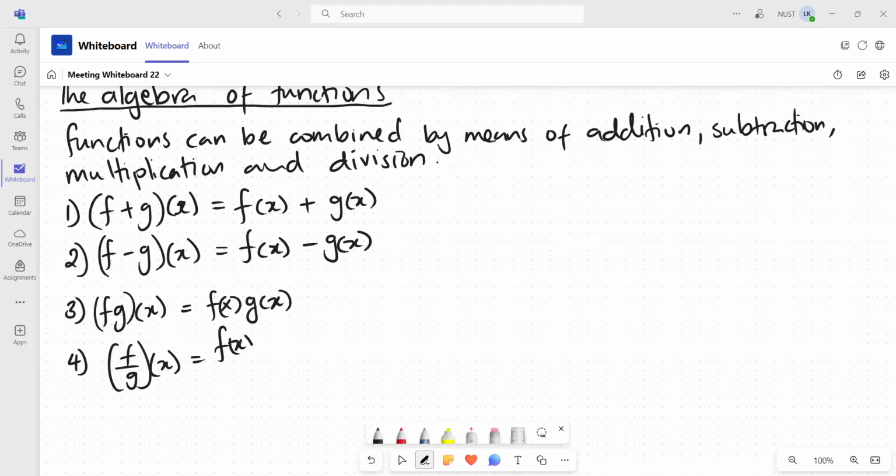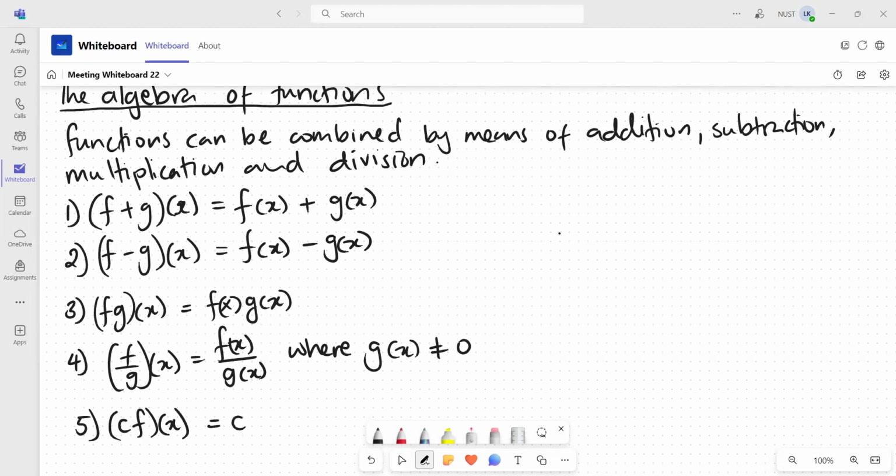This means f of x over g of x, except here there's a condition that g of x is not equal to 0 because we're not allowed to divide by 0. And then we have cf of x. So we can also multiply a function by a constant. This is a constant multiplied by f of x, and here just take note that c is a real number.